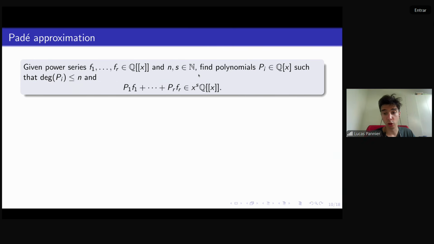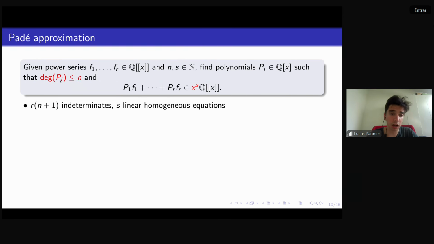This is actually a linear algebra problem, because we can consider the coefficients of the P_i to be indeterminates. And so we have r times n plus 1 such indeterminates. And if we want the first S coefficients to vanish, this gives S linear homogeneous equations. And so the value S equals r times n plus 1 minus 1 should always hold. So we can always find polynomials P_i satisfying these conditions with this value of S.